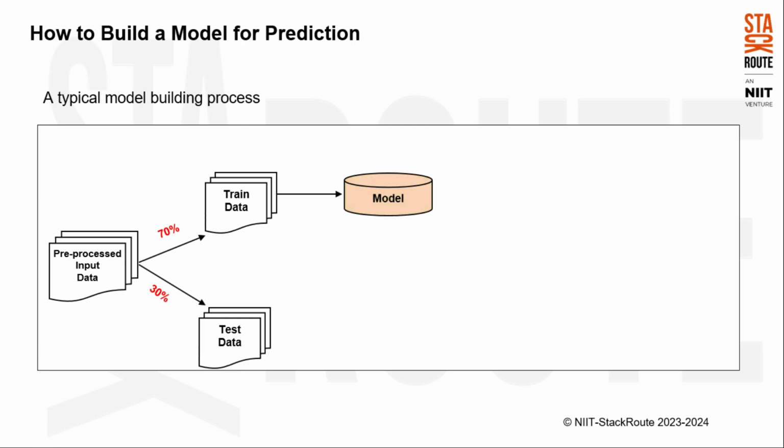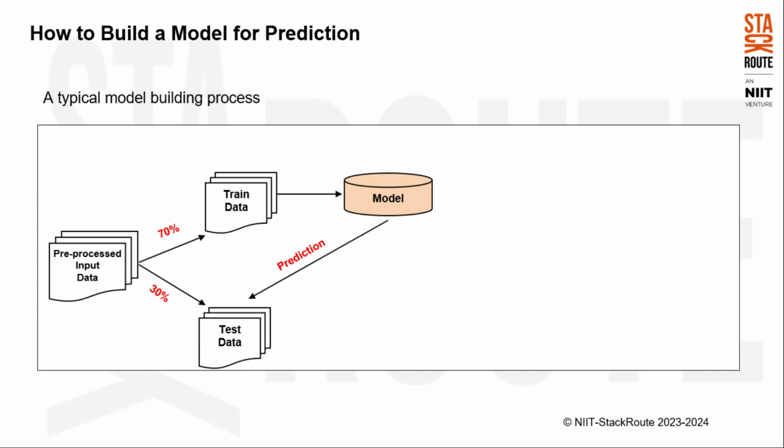Now, once the model is built, the testing data is applied on the model, and the model is going to give us answers in the form of predictions. So if I have a regression model, I'm going to get the predictions as numbers. And if I have a classification model, I'm going to get the answers as classes.